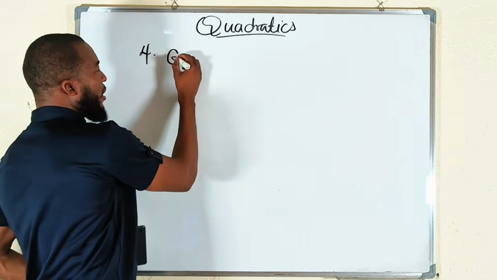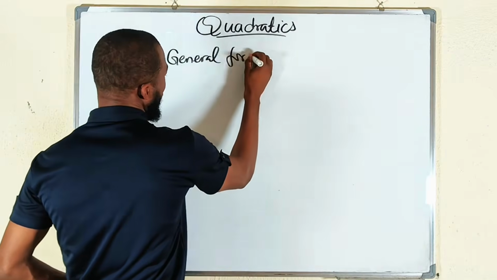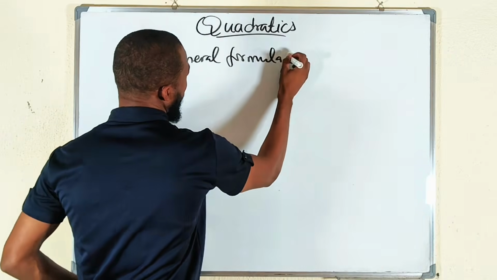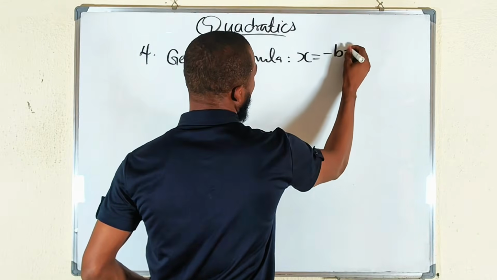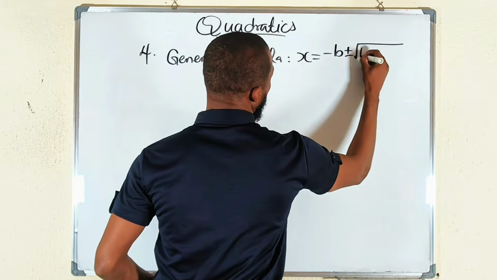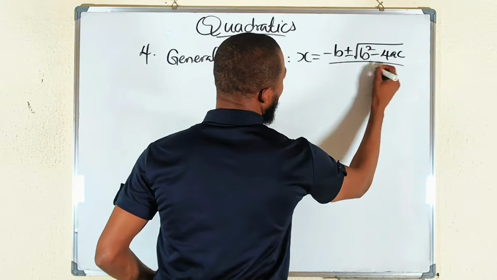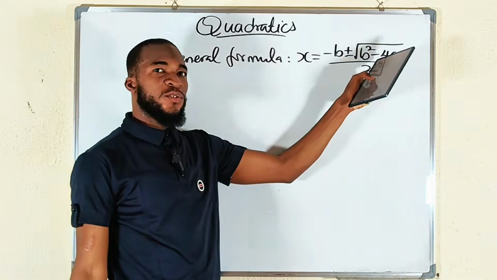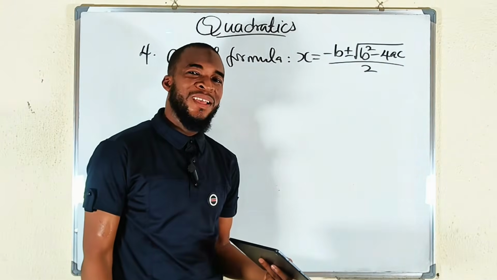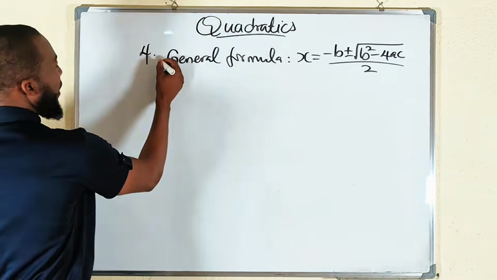Using the general formula, which is what? x equal to minus b plus or minus the square root of b squared minus 4ac, divided by 2a. This is the general formula. And this value under the square root, b squared minus 4ac, is what we call the discriminant. We are coming to that.